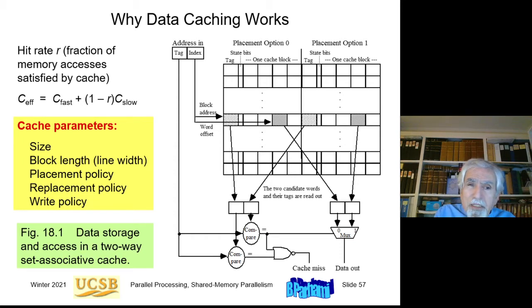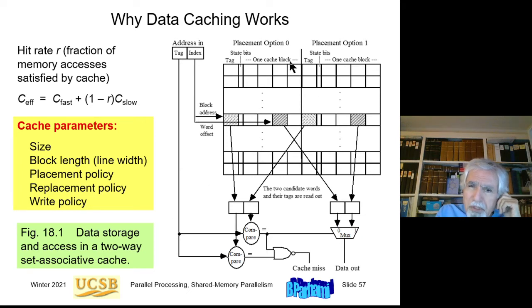So on every access we consult the fast store. That's why this appears here. And in this fraction of accesses, we also consult or access the slow store. And if this fraction 1 minus R is very small, then this slow access time is multiplied by that small number and therefore does not have a large effect on the effective access time.